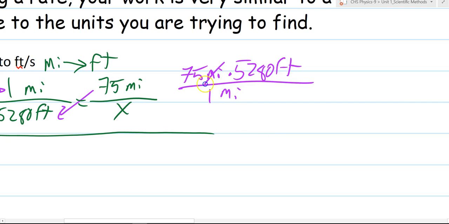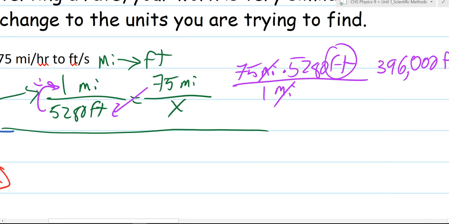I can see that miles will cross out eventually, and I'm going to be left with feet, which is what I want to get to. I type this in my calculator, and what I got was 396,000 feet as my answer for the top. I went all the way from miles to feet, so I'm done with this.